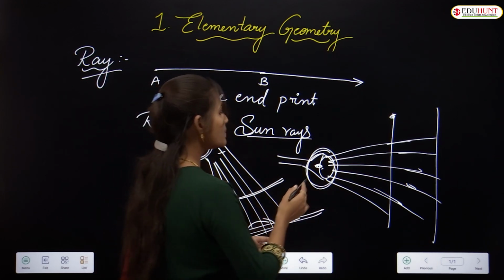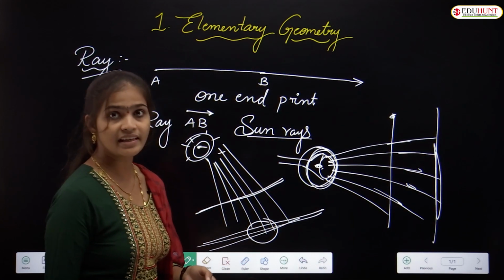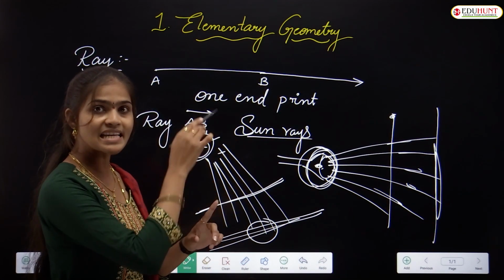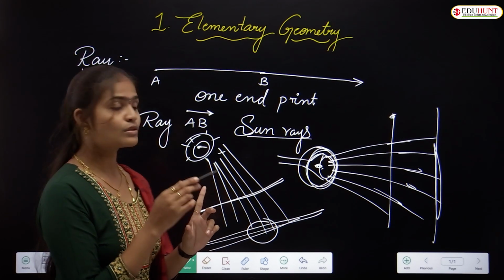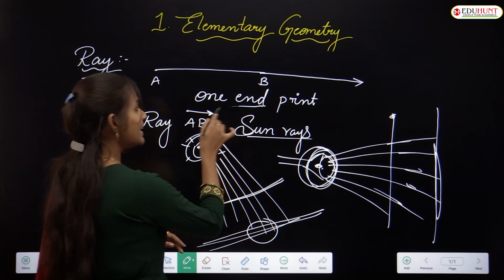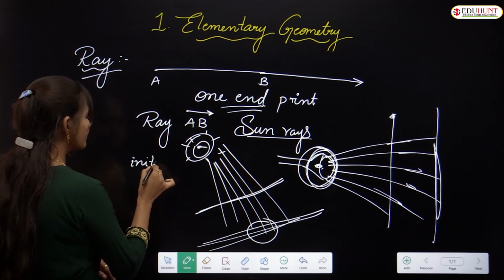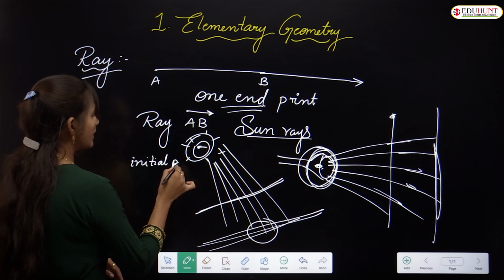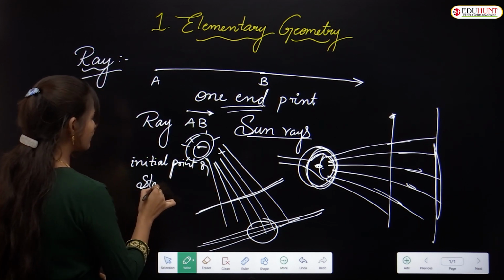So this is the starting point, but another end point is not there. That's why we consider the starting point as the end point, known as the initial point or starting point.